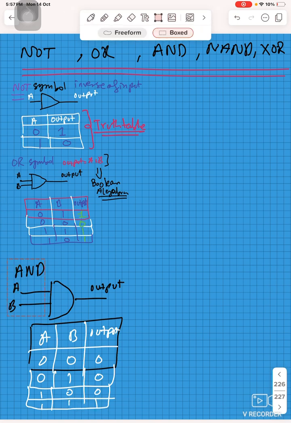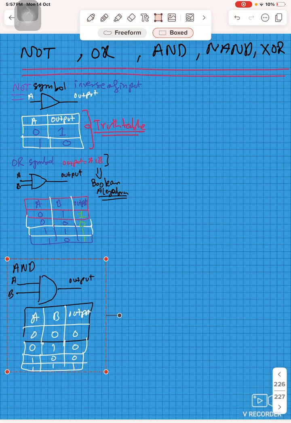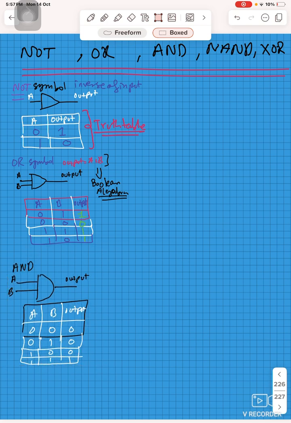These are not that hard gates, so that's why I'm not taking that long. By the way, the number of rows we make in the truth table depends on the number of inputs we have. We calculate 2 to the power n, where n is the number of inputs.